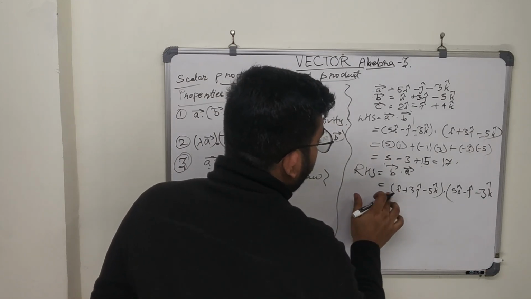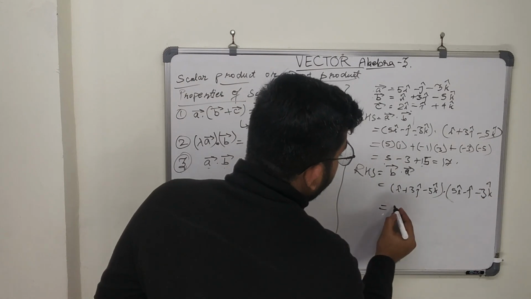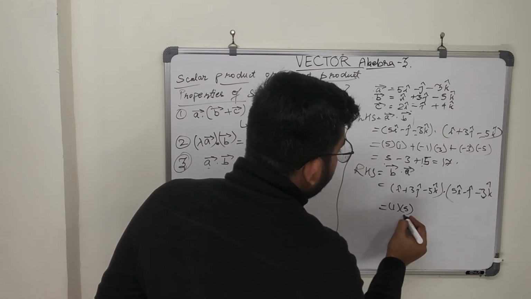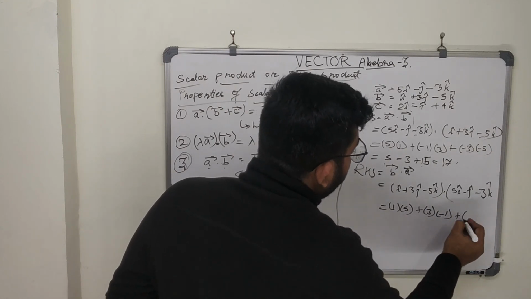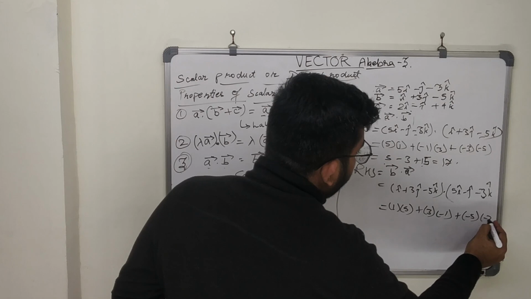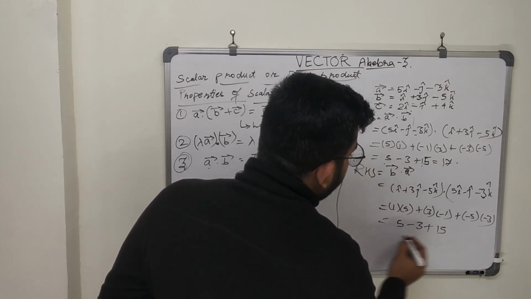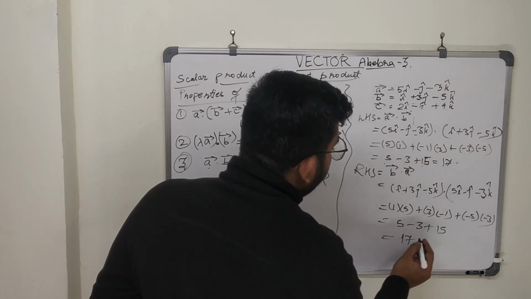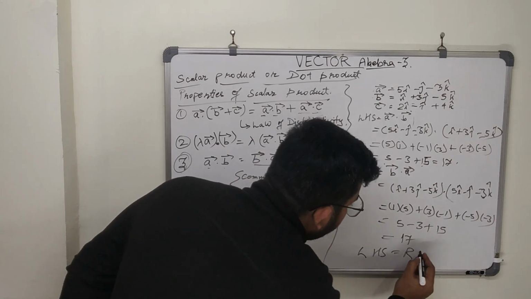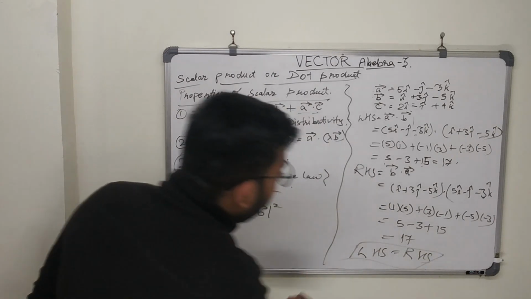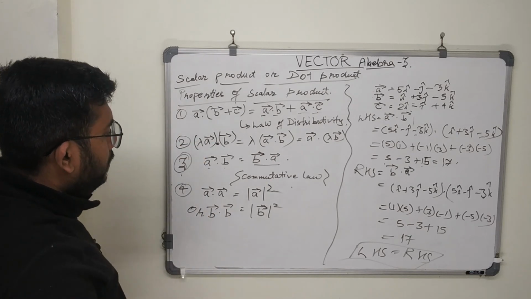We calculate: a1 b1 plus a2 b2 plus a3 b3, that is 1 into 5 plus 3 into minus 1 plus minus 5 into minus 3. Now simplifying this, that is 5 minus 3 plus 15, this will also be equal to 17. So we can see that the left hand side is equal to the right hand side. So in this way we have proved the third property of scalar product.